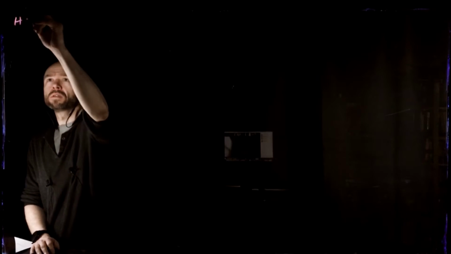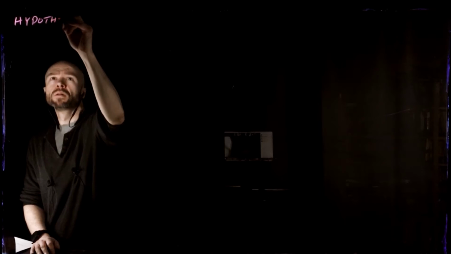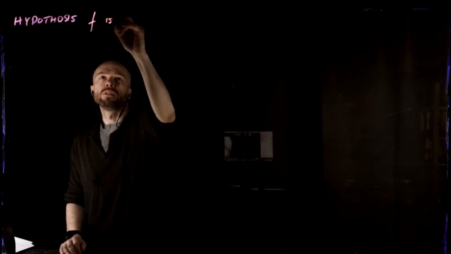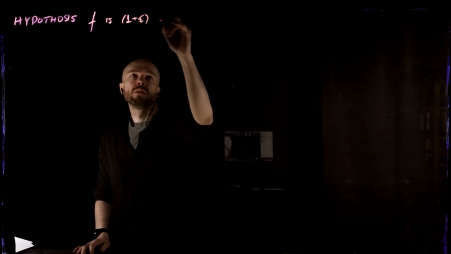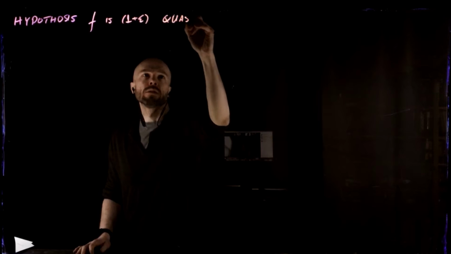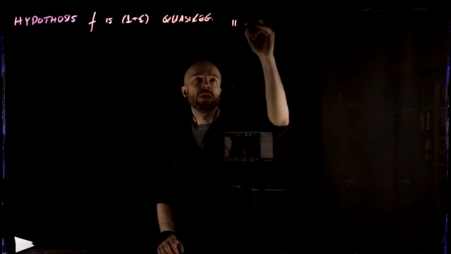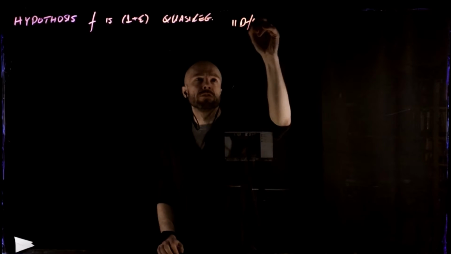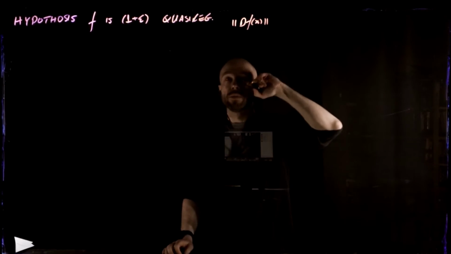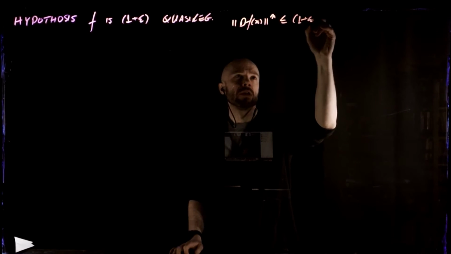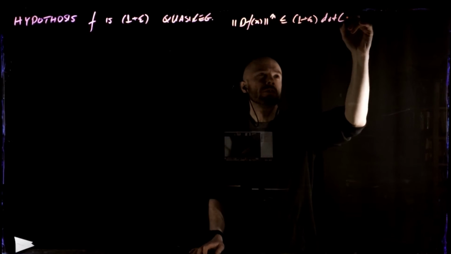Okay, so the hypothesis was that F is 1 plus epsilon quasi-regular. So what does that mean? That means that if we take the derivative of F at some point to the nth power, this is controlled by 1 plus epsilon times the determinant of the gradient.